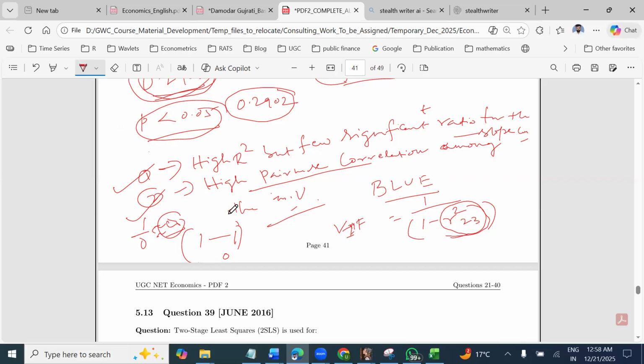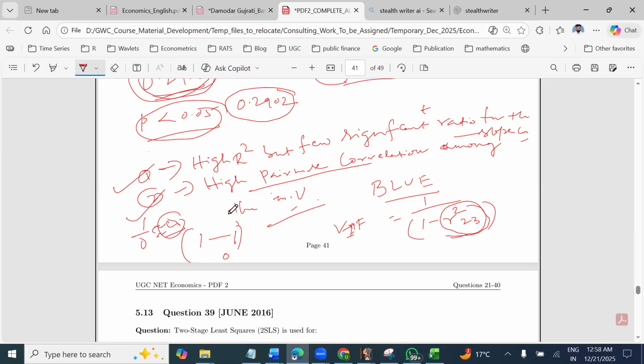Now from the VIF, how big should it be? There is no fixed rule of thumb, but you can say that if the correlation coefficient is less than 1, it is better. If it is close to 0, it is better.